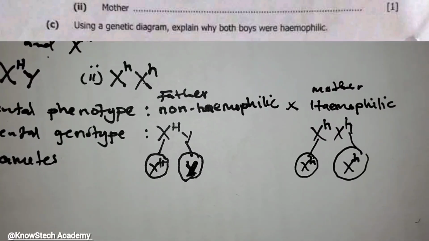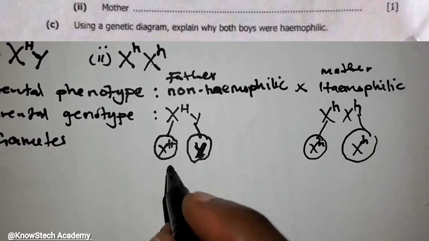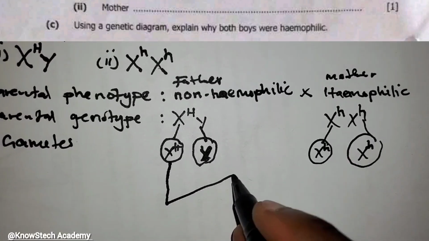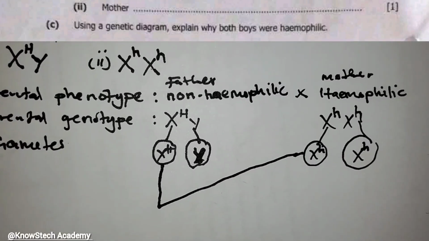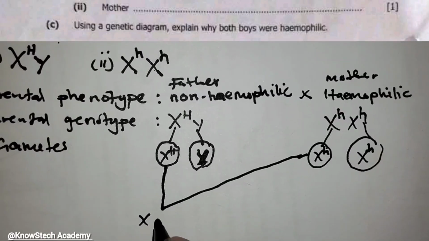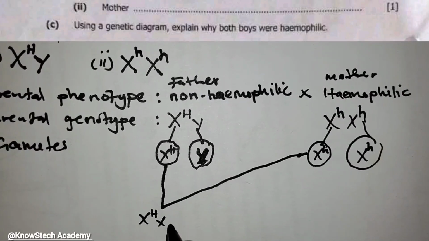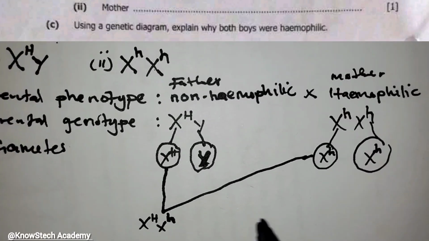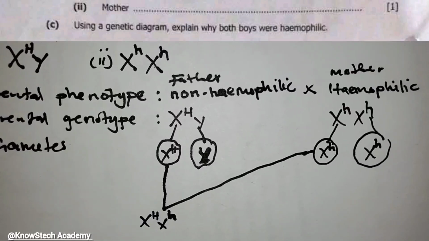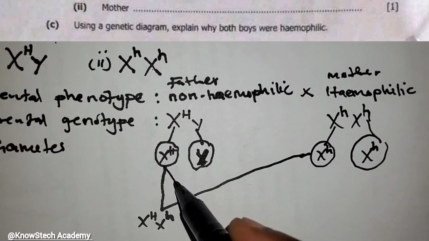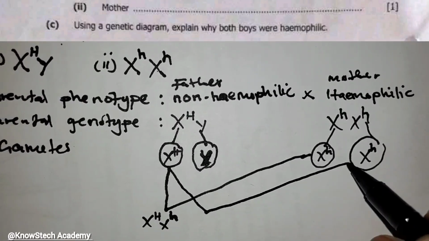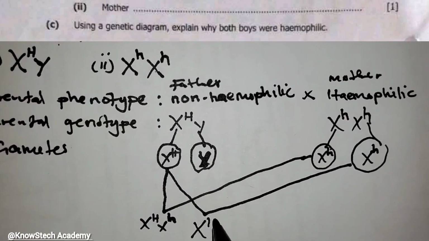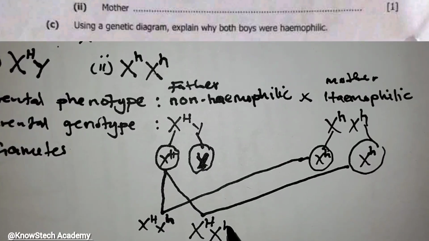Then the random fertilization, so this first chromosome will be crossed with the first chromosome here, which will be the genotype X, H, then small h. Here we always start with the dominant allele. So the same here, like this, with this one, which we're going to write like this.